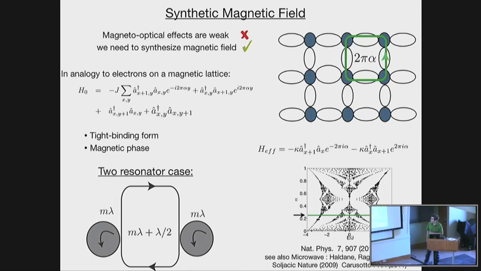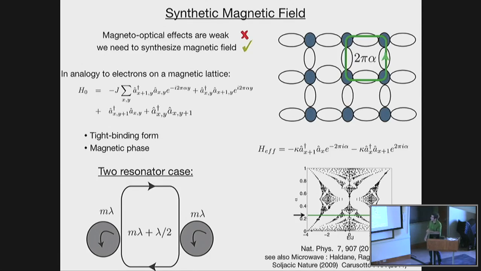But here, we assume that we just excite the system in one of these modes, and we stay in that mode. So by symmetry, we're staying only in half of the Hilbert space. And if there is no scattering process that takes us to the other part of the Hilbert space, then for that specific part, we have effectively broken the time reversal symmetry. Does that answer your question? Yes. Okay.